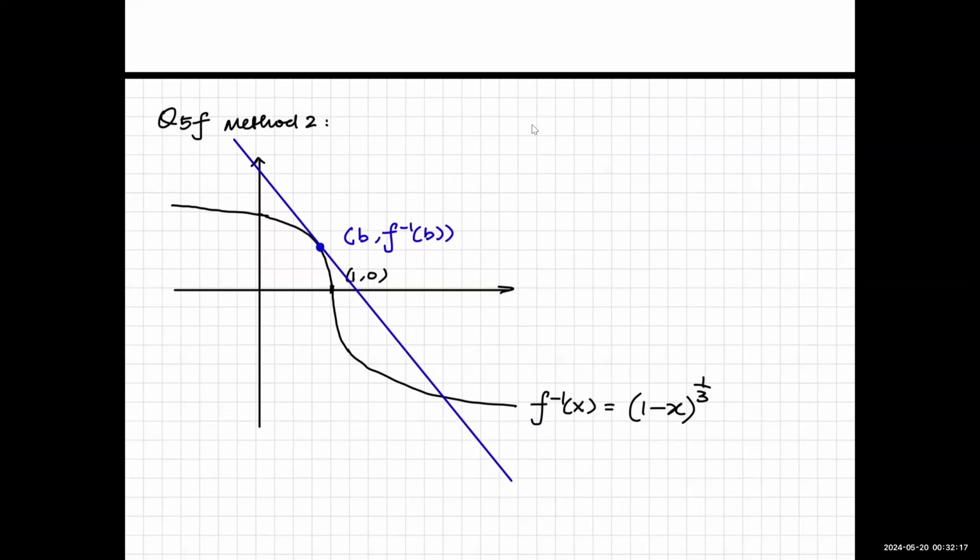The tangent has the equation yt2 of x equals something using a CAS calculator. And using your CAS, you are able to obtain this x value is 9 minus 8b, if I'm not mistaken.